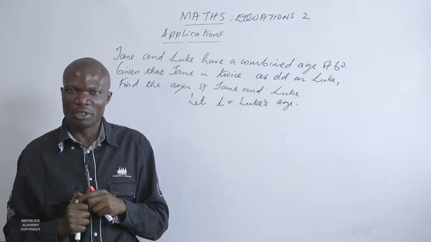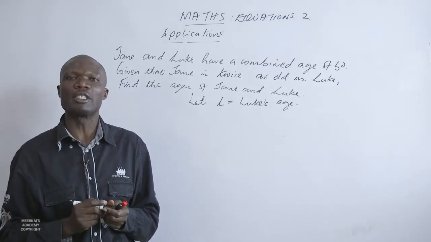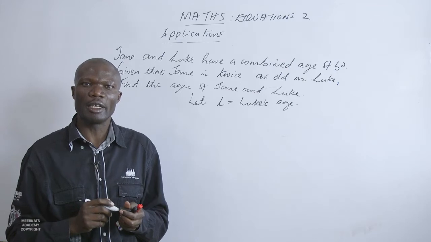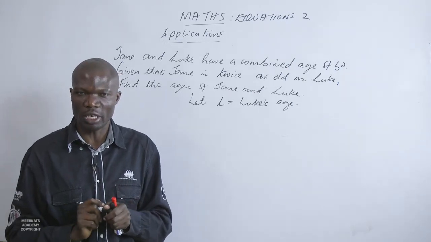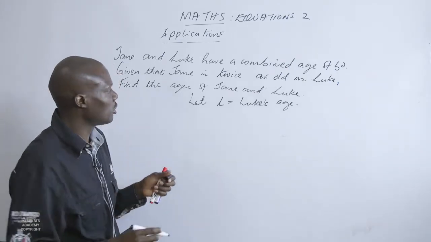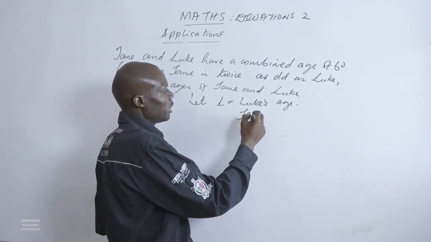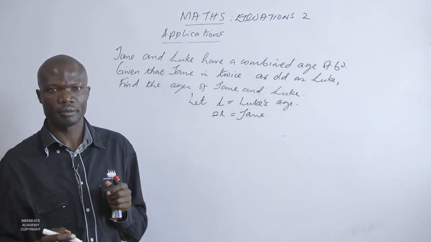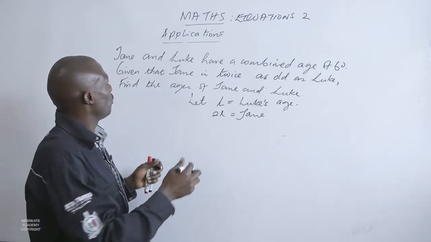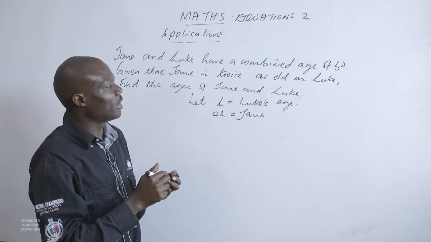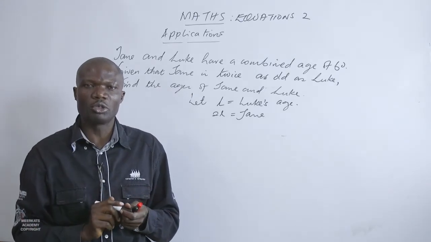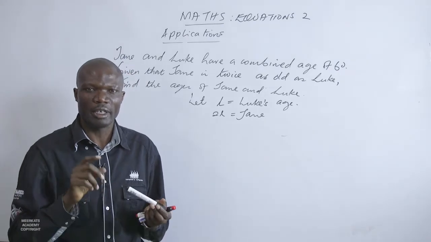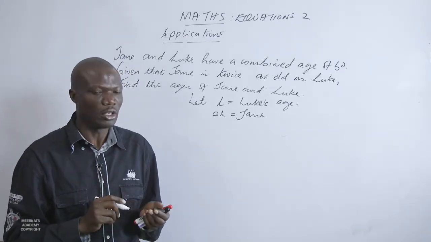If L is Luke's age, then what is the age of Jane? Jane is twice as old as Luke, so Jane will be 2L. We've been told that the ages of Jane and Luke combined is 60.